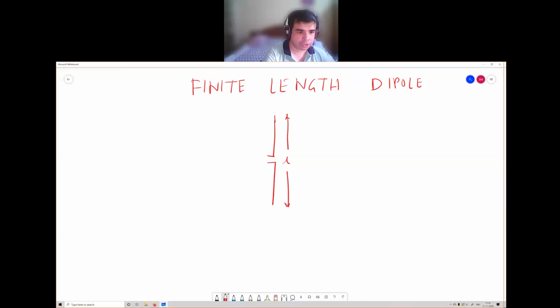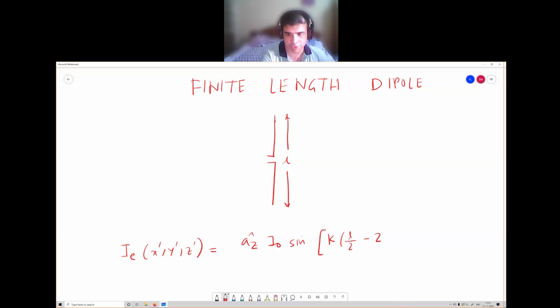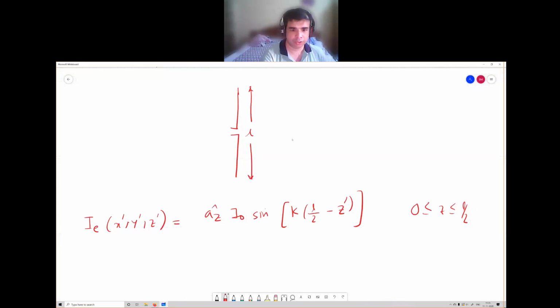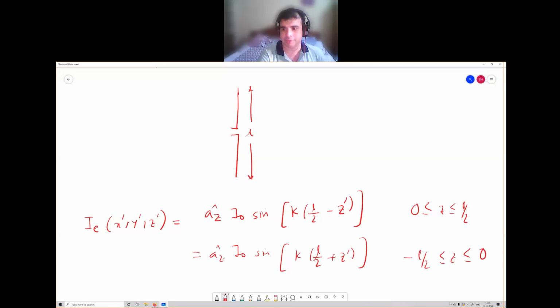The current distribution is now I_e(x', y', z') equal to a_z I0 sin of k(L by 2 minus z') for 0 < z' < L by 2, and a_z I0 sin of k(L by 2 plus z') for the other half.